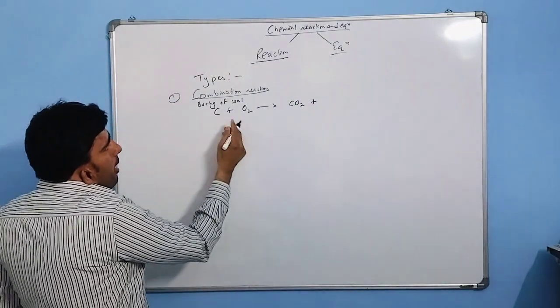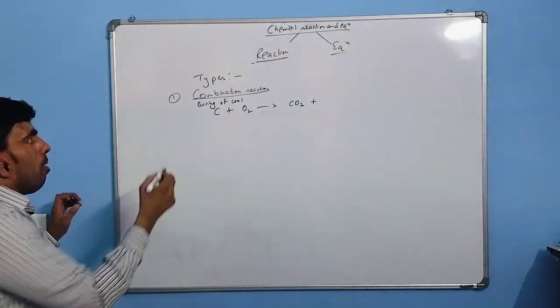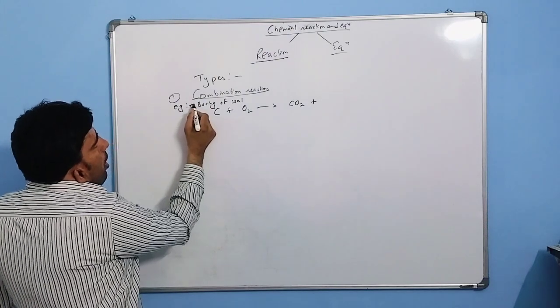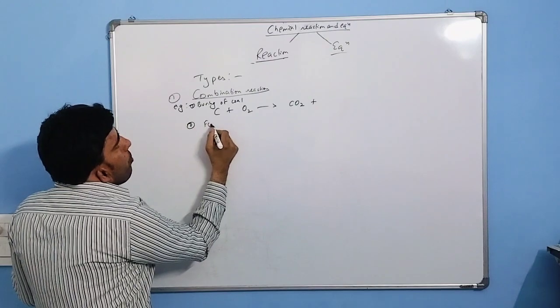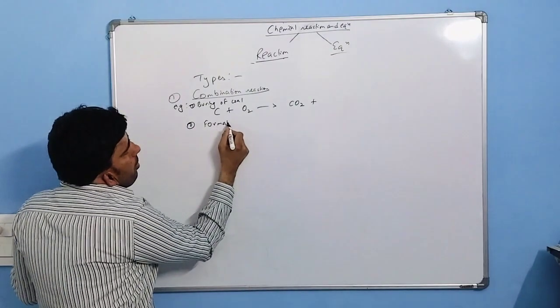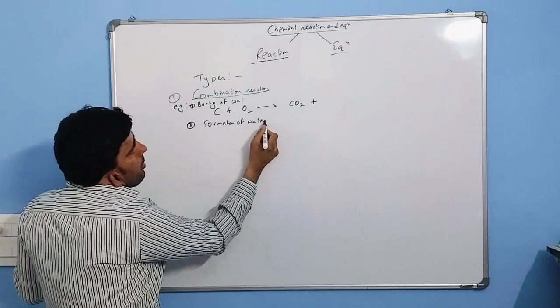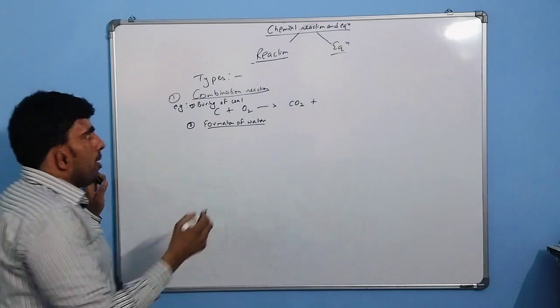So here is what I have noticed in this reaction. I will write more so that you will be able to connect with it. First is burning of coal. Second is formation of water. How?